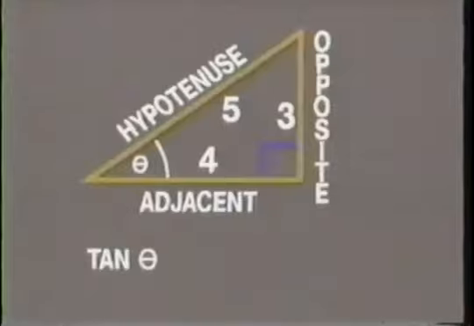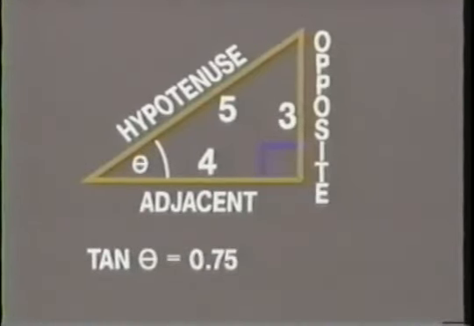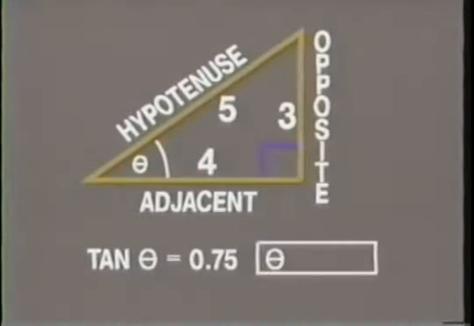Tan theta equals the ratio of the length of the opposite side to the length of the adjacent side: 3 over 4, or 0.75. With a calculator, we find that theta, the angle itself, is 36.9 degrees.